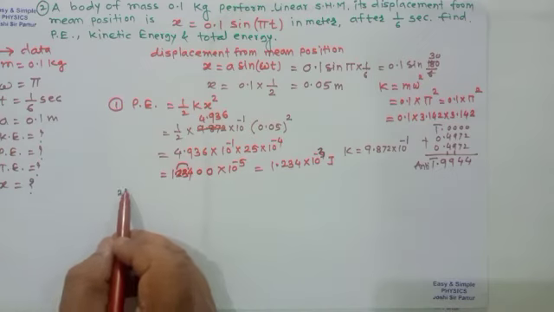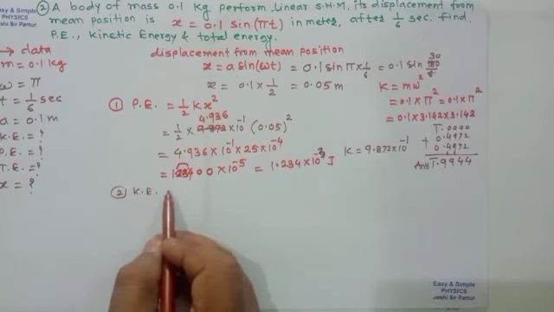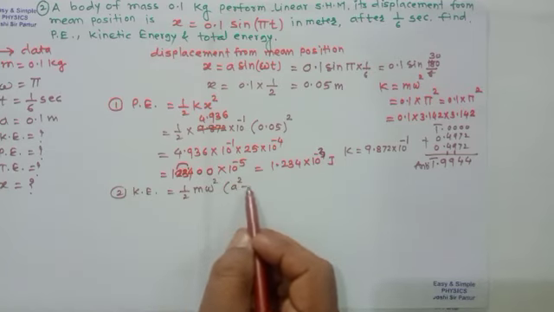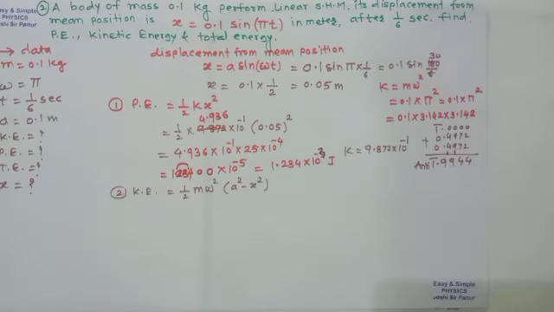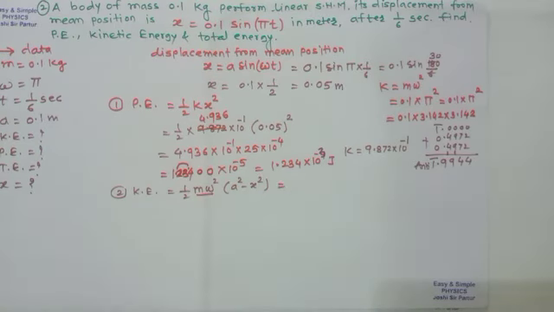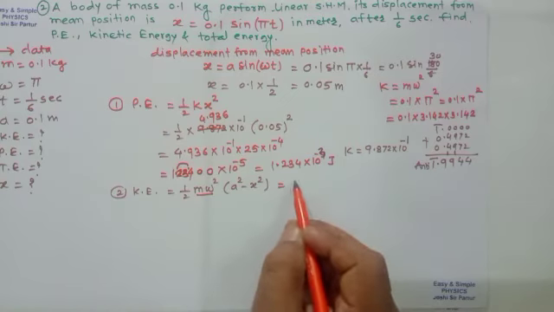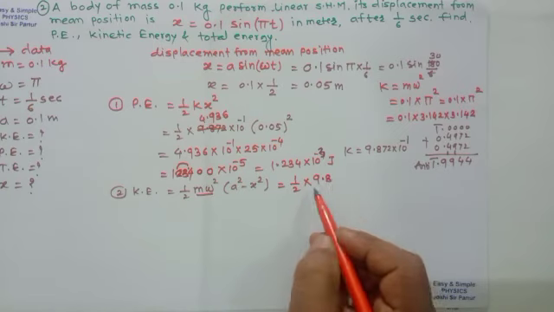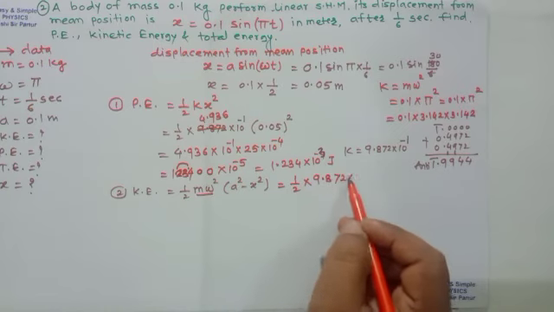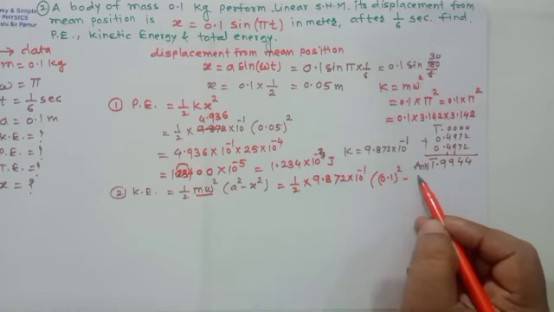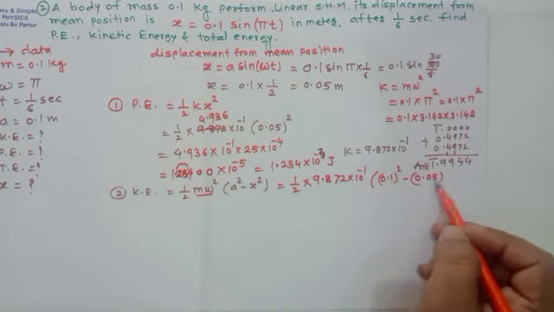So kinetic energy is equal to half m omega square into (a square minus x square). Substituting the value of m omega square, it is 1 upon 2 multiplied by 9.872 into 10 to the power minus 1 into (0.1 square minus 0.05 square).